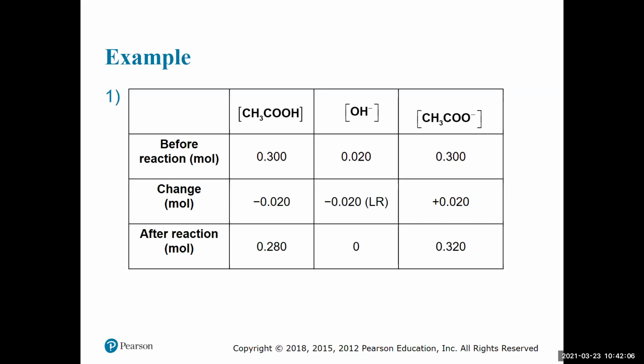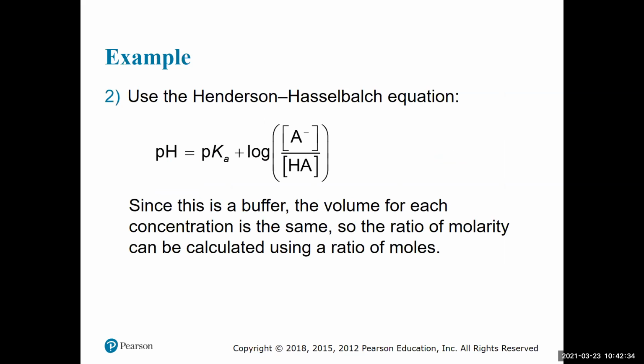So if we rebalance things in our last row, we see that 0.3 minus 0.02 is 0.280 moles of acetic acid. Hydroxide is all used up, so that's 0. And then the acetate is 0.320. So now we have concentrations for our anion and our acid, and we can put those into our Henderson-Hasselbalch equation.